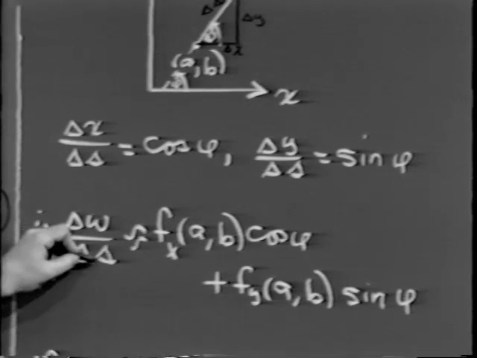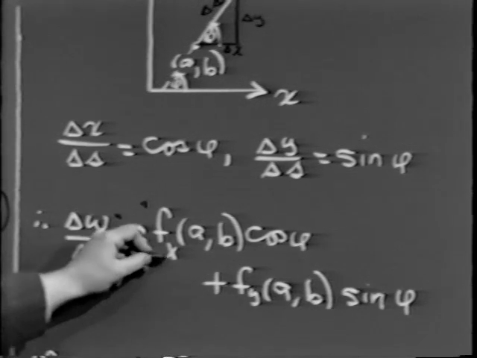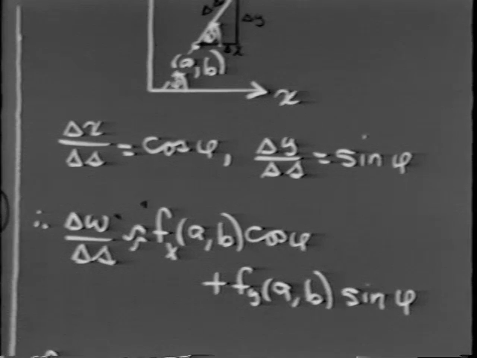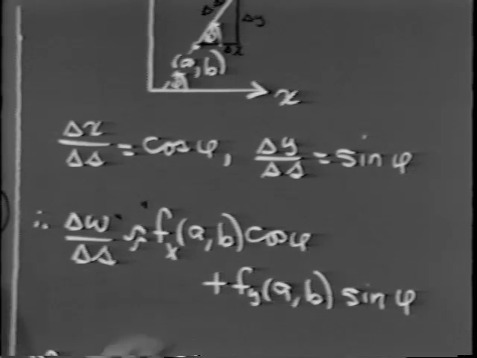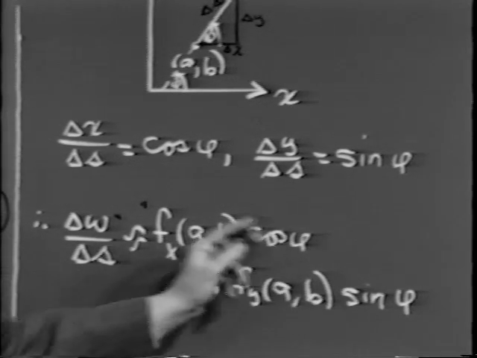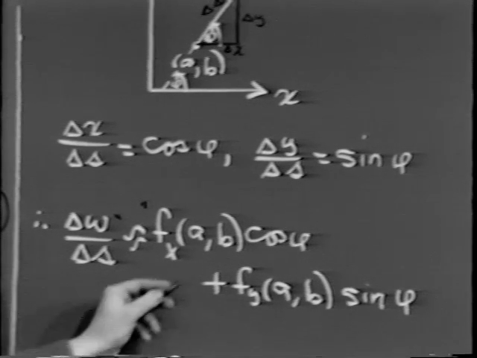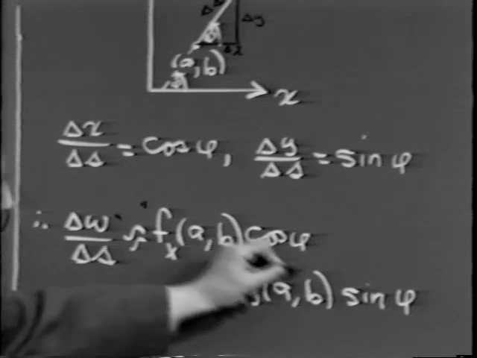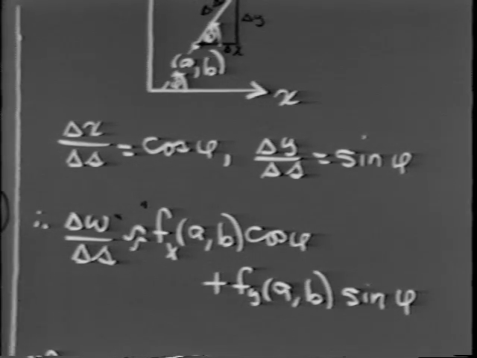Delta w divided by delta s is equal to the partial of f with respect to x evaluated at the point (a, b) times the cosine of phi, plus the partial of f with respect to y evaluated at (a, b) times the sine of phi, where phi is the what? The angle that the direction s makes with the positive x-axis. At any rate, notice that these things are all constants once s is chosen, once the point (a, b) is fixed.